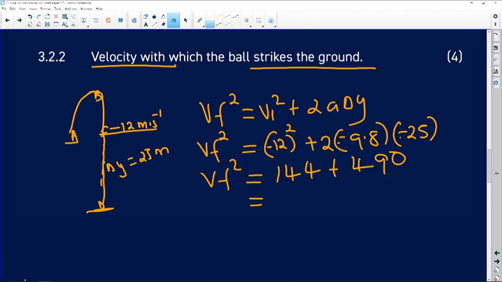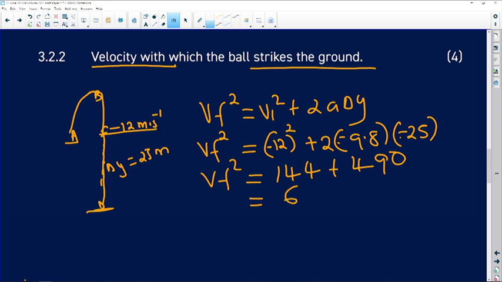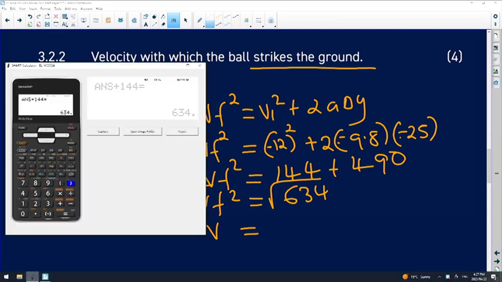Now 490 plus 144, and therefore I have 634. And therefore VF squared is 634, I can square root both sides, and therefore my V equals the square root of 634.